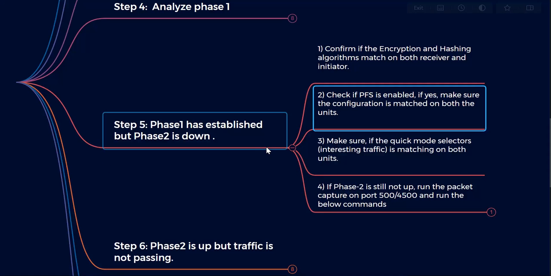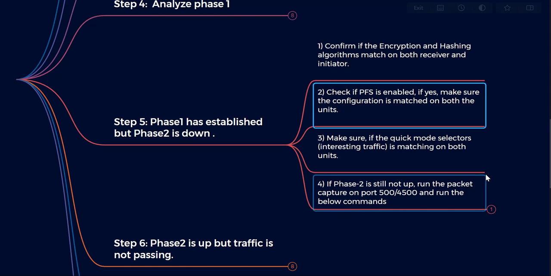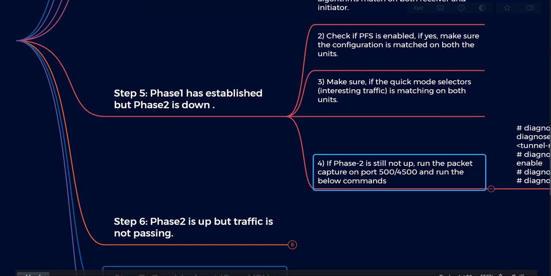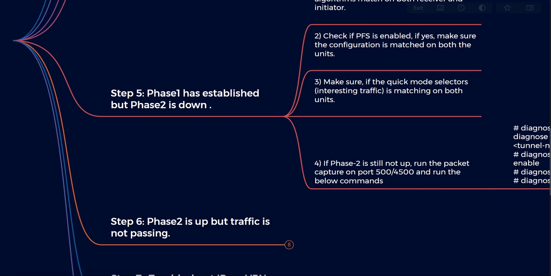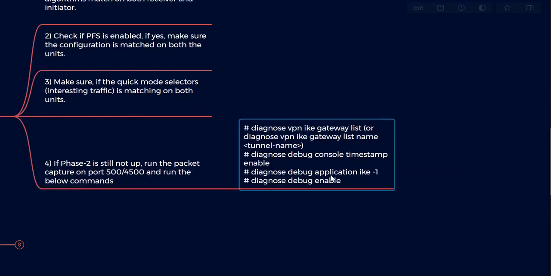Next, if phase 2 is still not up, run the packet capture on port 500 and 4500 with the below commands. What are the commands? Okay. Yeah. So see, these are the commands, the IKE ones, the ones which we were running anyway, right?